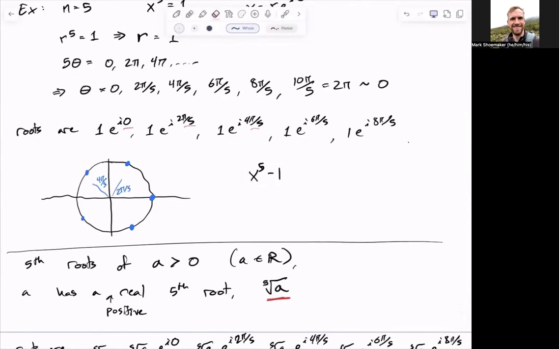And so what that result tells us is that whenever I have a complex root, its conjugate must also be a root. And we see that here. Here's a complex root, and its conjugate is exactly this. So the conjugate of e to the i 2 pi over 5 is e to the i 8 pi over 5, because you can see these two numbers have the same real part, but opposite imaginary parts. And similarly, for this root of this polynomial, its conjugate is also a root. So we see it in this example.